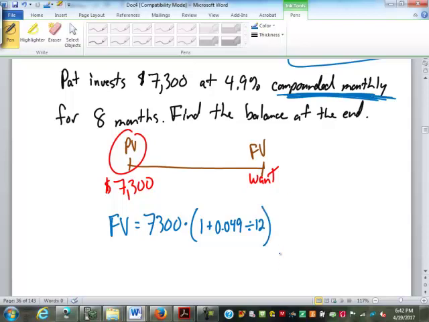So it's divided by 12 to the power of 8, because it's only 8 months. If you wanted to get technical to find that, there are 12 periods in a year. 8 months is 8/12ths of a year. 12 times 8/12ths is 8.